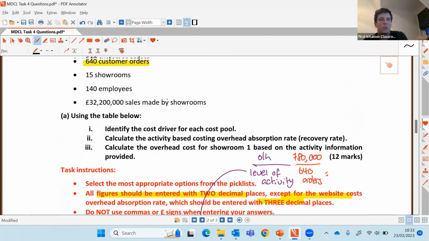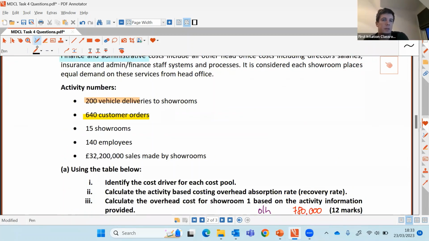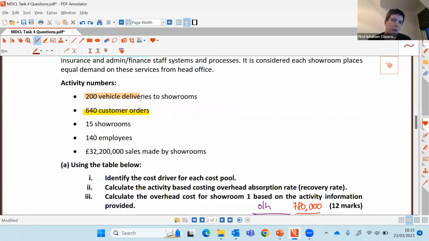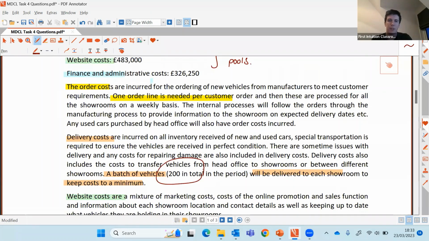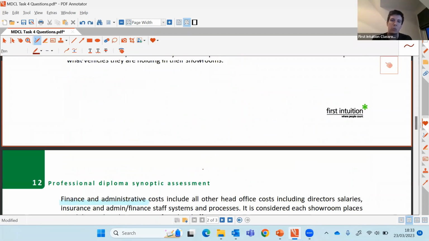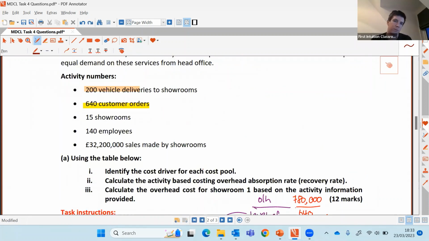Now, just be careful, because as you can see, this tells you there were 200 vehicle deliveries for the showrooms. Okay, so what that means is, without saying it outright, there were 200 batches delivered. It's not a 200 vehicle delivery, which is horrible because they've told you that they come in 200. It's that there were 200 arrivals for 200 batches.